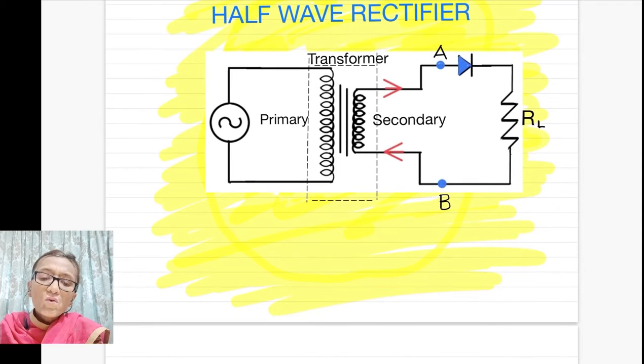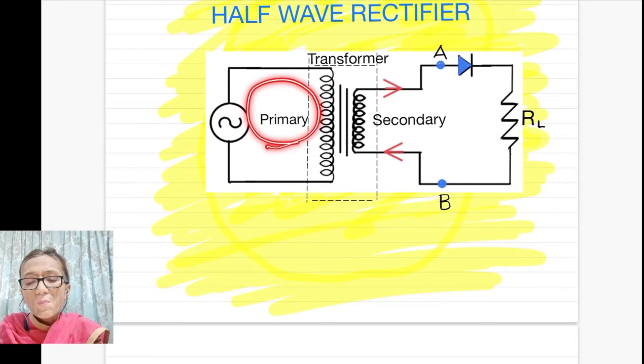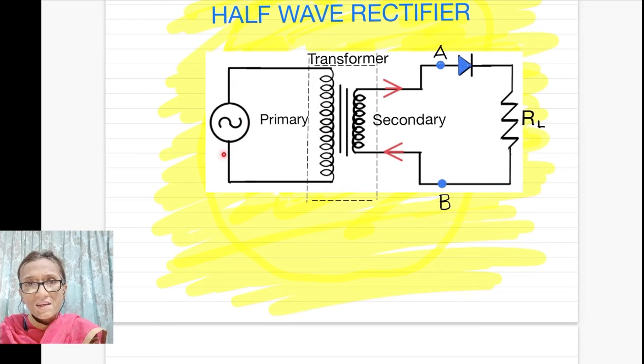In this you can see a transformer is connected. Here you have the primary circuit. Here AC current is fed, variable voltage is fed, and it is in no way connected to the secondary circuit.